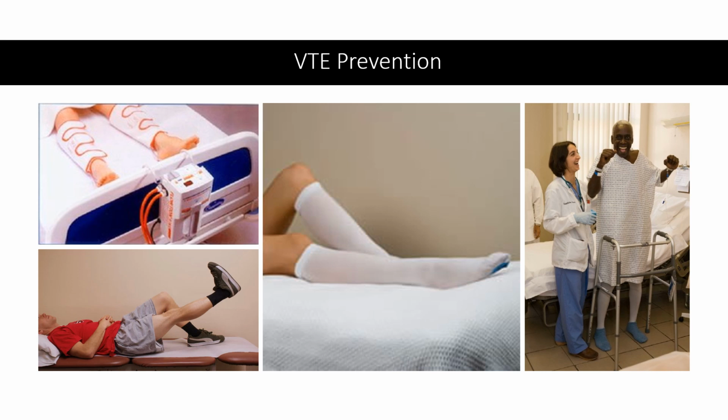TED hose, that's the picture in the middle. This patient's got these tight stockings on, and that helps with blood perfusion to the lower extremities, and also the compression devices that are on the patient's lower extremities.